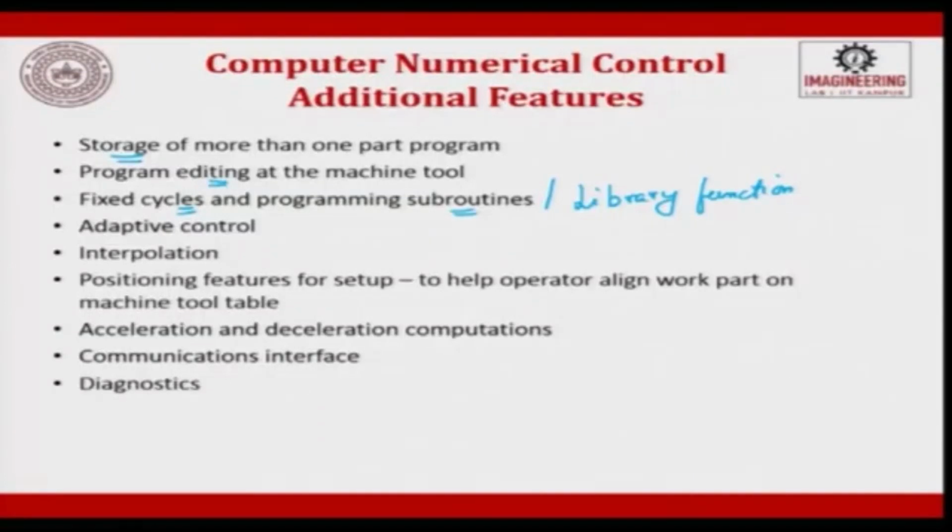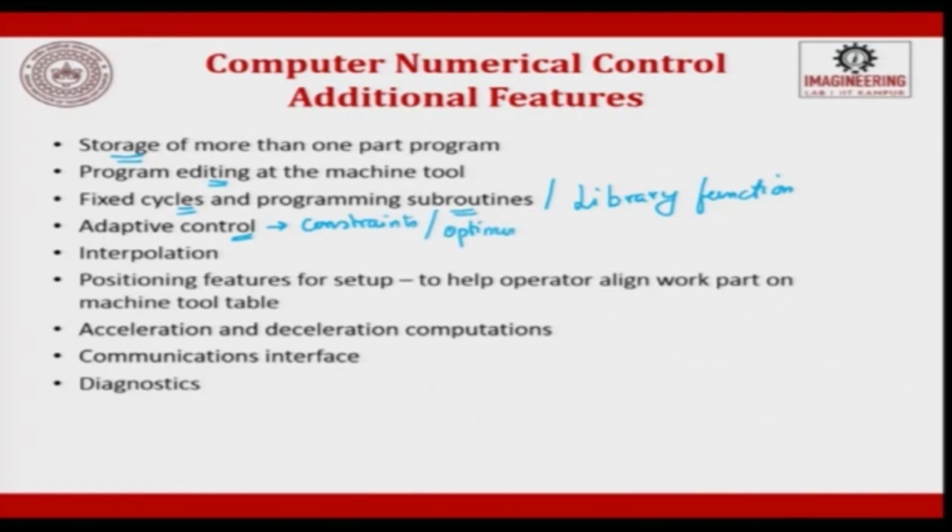So, here there is a library function, and for that library function there is a set function. That is what is meant by fixed cycles and programming subroutines. We will see what fixed cycles are when we do the programming part. They can be adaptively controlled. The adaptive control can be in terms of constraints or in terms of optimization.